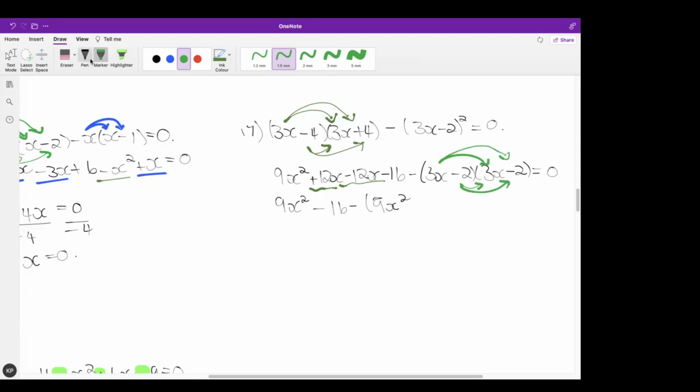Okay, so 9x squared minus 6x minus 6x again, and plus 4 equals 0. But we have this negative that is outside the brackets. That's going to change all the signs in the brackets because we're going to distribute it.